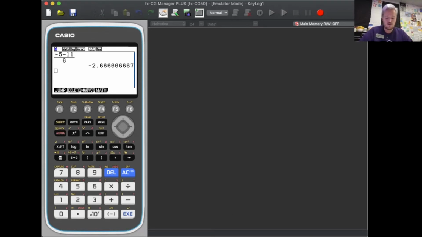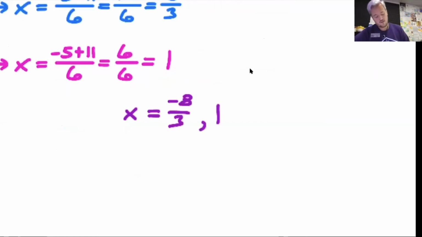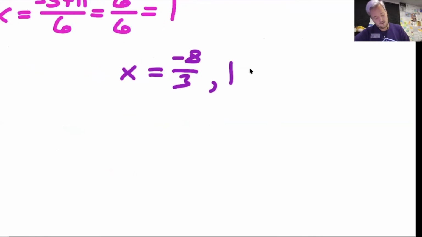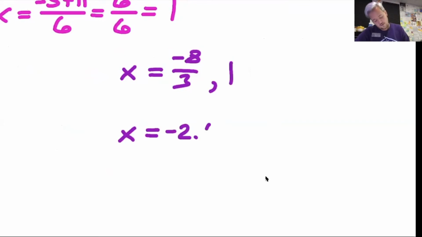All right, so I'm going to go back over here. So this is also equal to, I already lost it. What was it? Negative 2.67, comma 1.